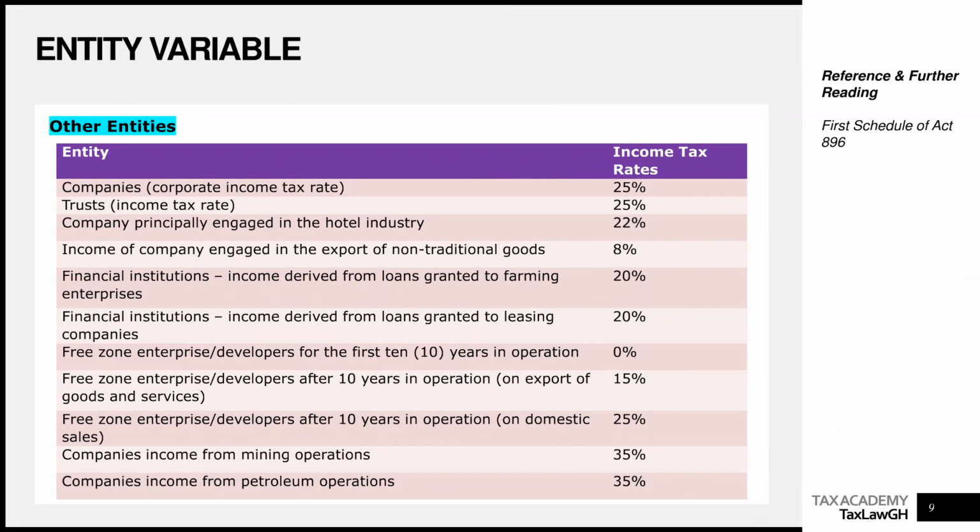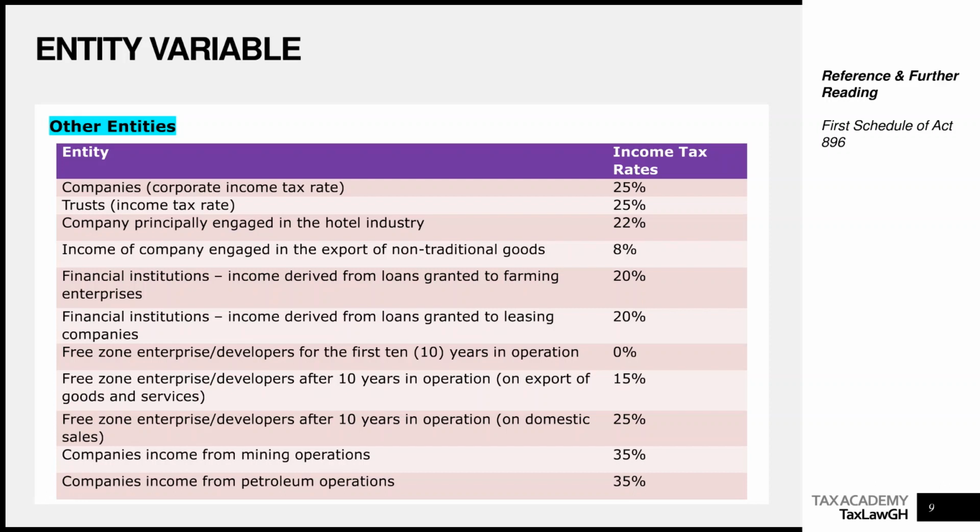Look at the rates for different entities. For planning purposes, what does it mean for you? We are saying generally, companies have a corporate income tax rate of 25%. Trusts also attract a trust income tax rate of 25%. However, if a company begins to be engaged in the hotel industry, then their rate drops from 25% to 22%.